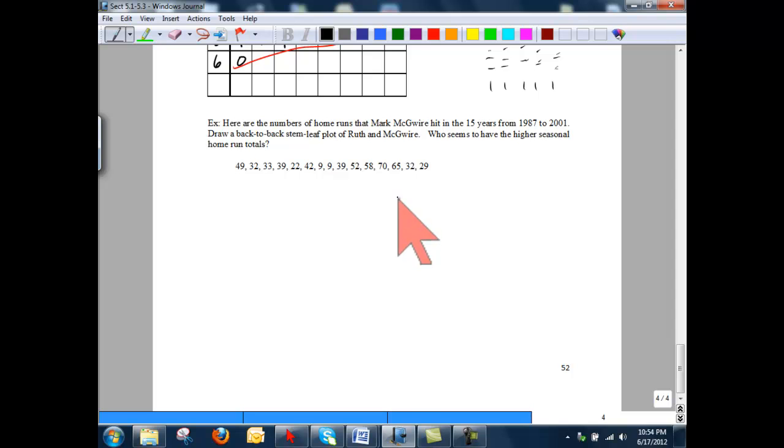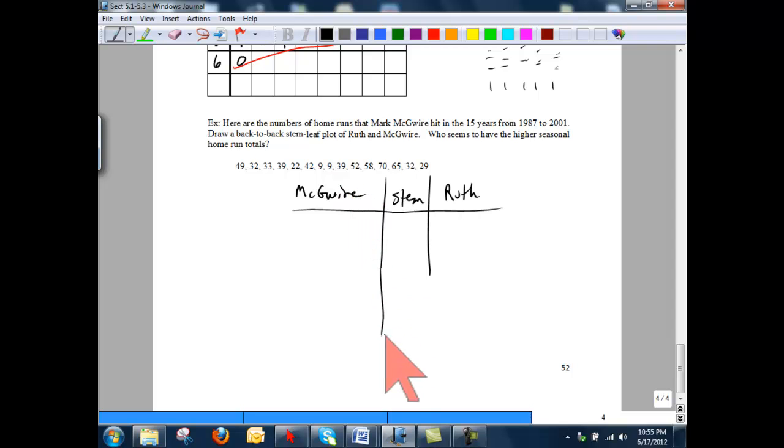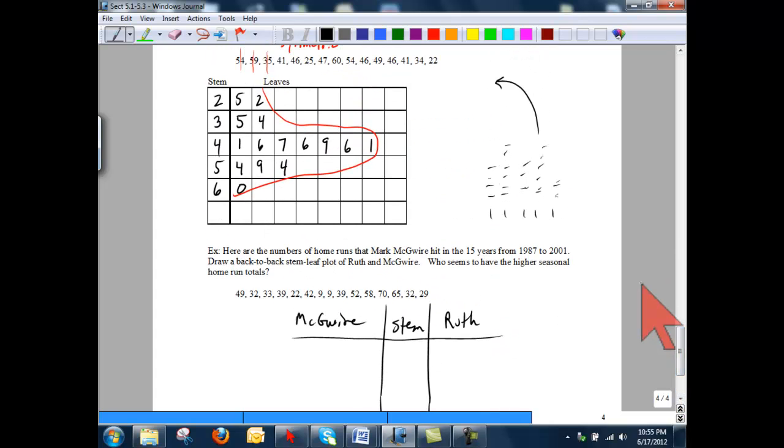And so what we're going to do is put the stems in the middle, and then off on one side, say the right side, put the leaves for Ruth, and off on the left side, put the leaves for McGwire. Now, you're going to use the same stems for each, so first let's look and see what stems we'll need. For Ruth, the stems went from 2 to 6.